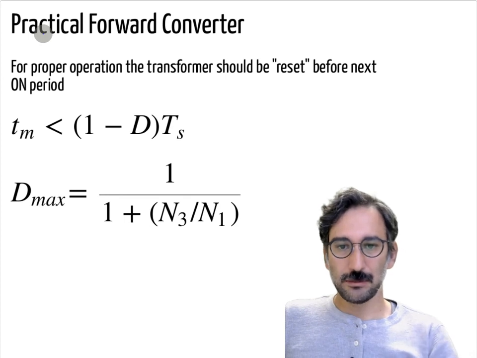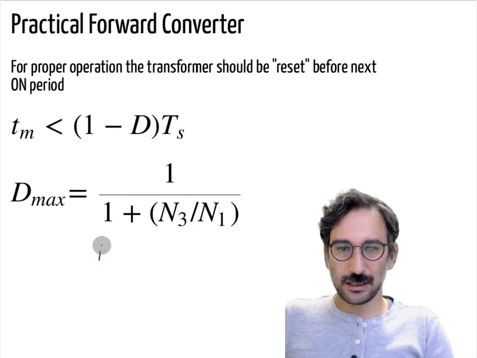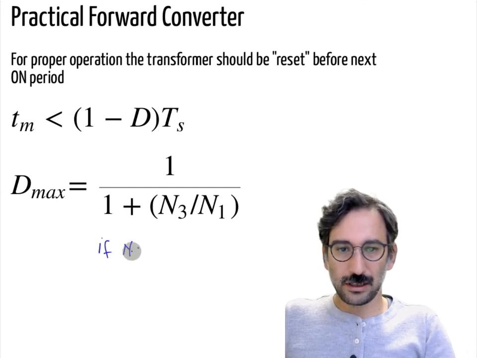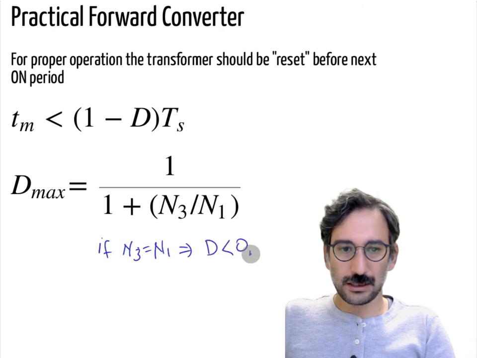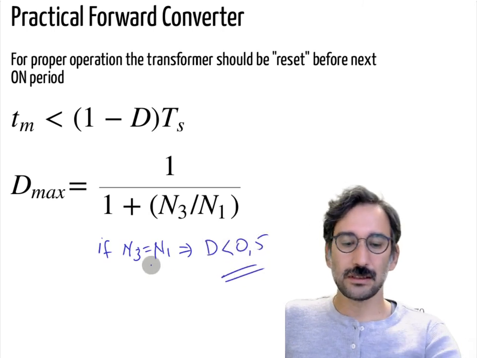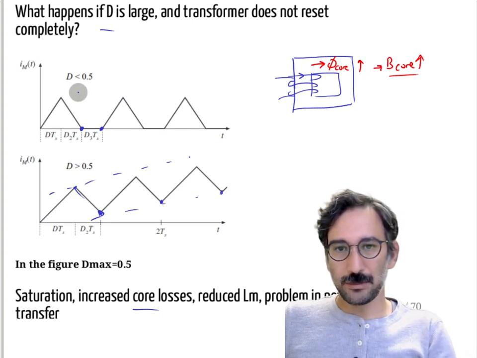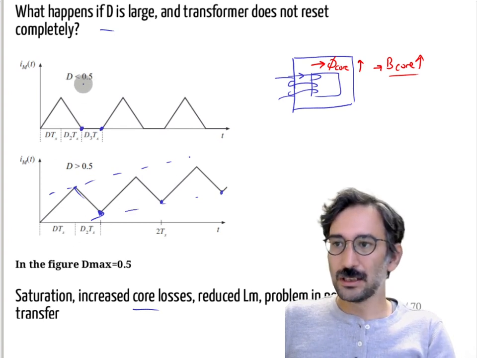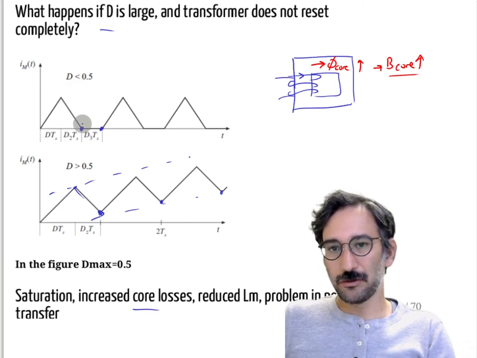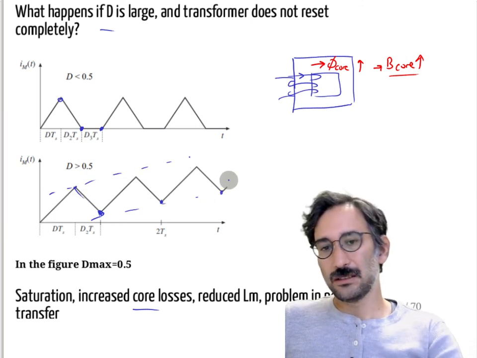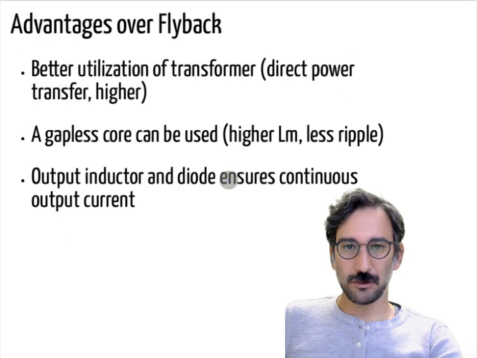I think for the maximum D, if N3 is equal to N1, then D should be less than 0.5, and this is the usual common practice. We already talked about what happens. This is the case where the duty cycle is less than 0.5, so you have enough time to discharge the Lm, and this is what happens if the duty cycle is larger than 0.5.